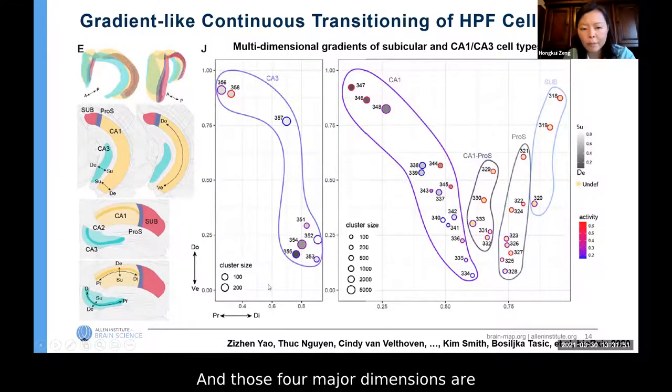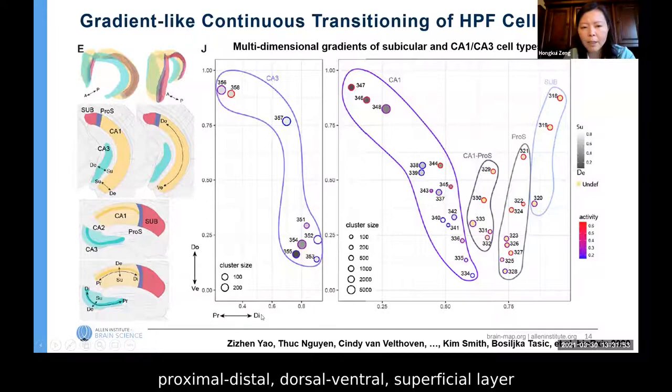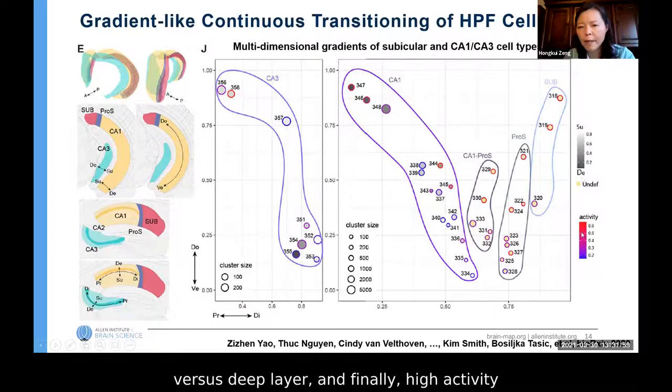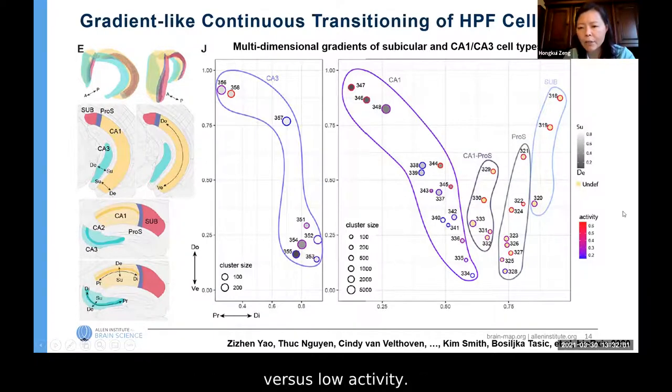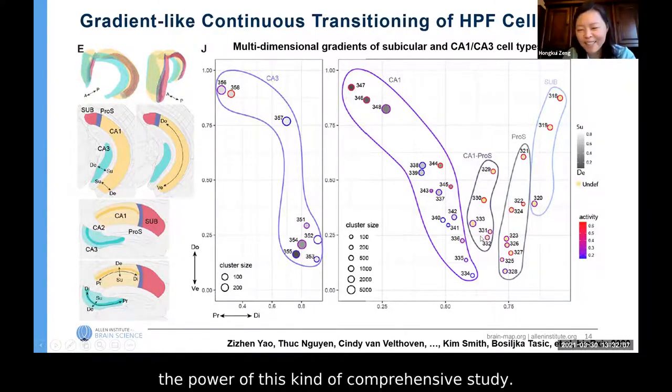Those 4 major dimensions are proximal-distal, dorsal-ventral, superficial layer versus deep layer, and finally high activity versus low activity. We think this really demonstrates the power of this kind of comprehensive study.